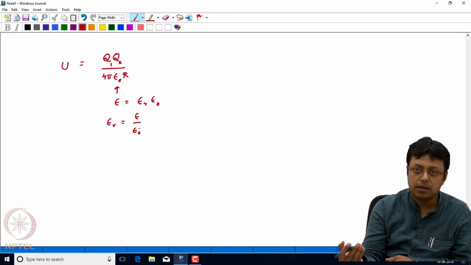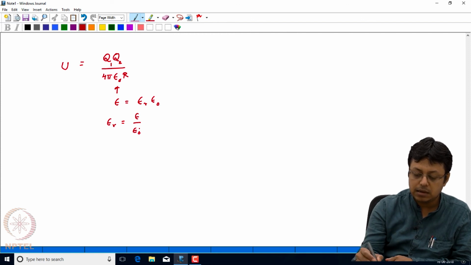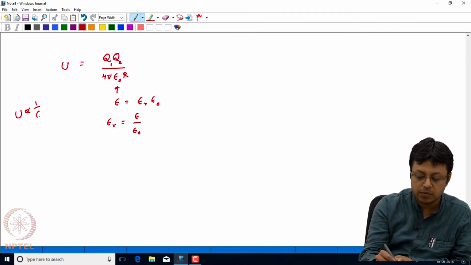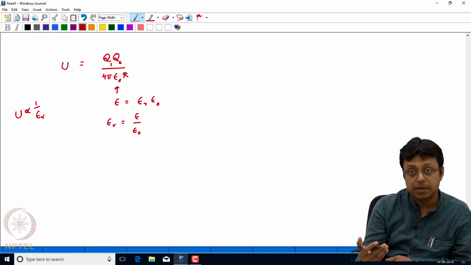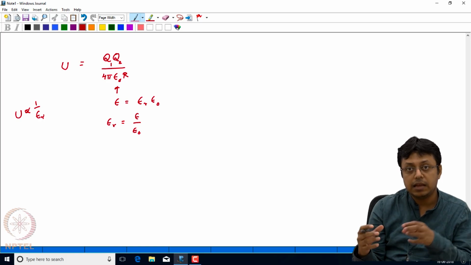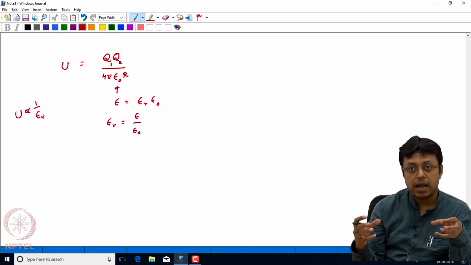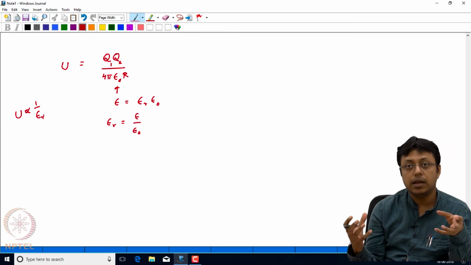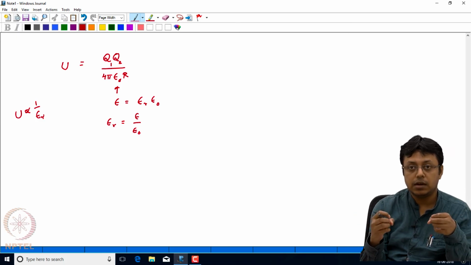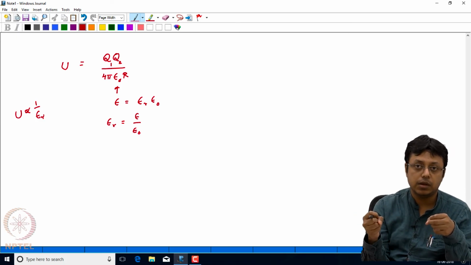And the meaning of the permittivity is that if the permittivity value is higher, as you can see, this interaction potential will go as 1 over epsilon r in a medium. So, if the relative permittivity is high, the interaction potential will be lowered. Say I have 2 charges, and suppose a sodium chloride crystal. In a crystal there will be some attractive potential between the sodium and the chloride ions.